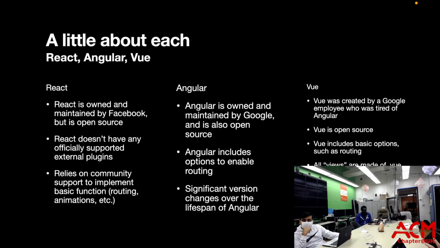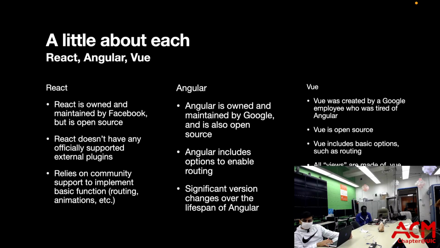AngularJS is basically Angular version 1. Angular 2 and above are like a separate project. But most people are using Angular now and not using AngularJS anymore, because Google sort of left it to die and community support is not enough to keep it alive.